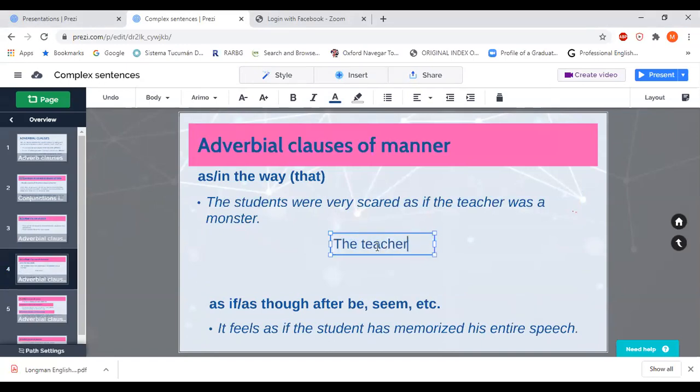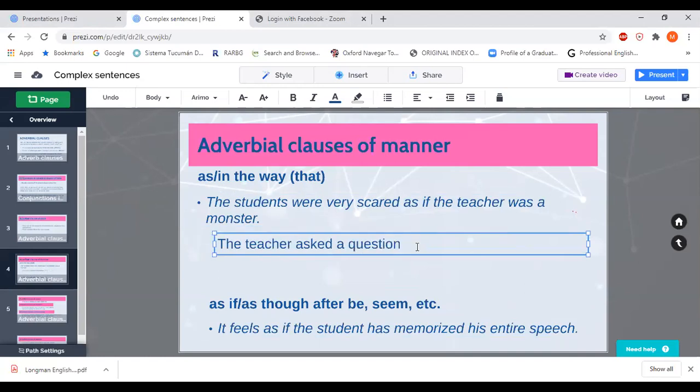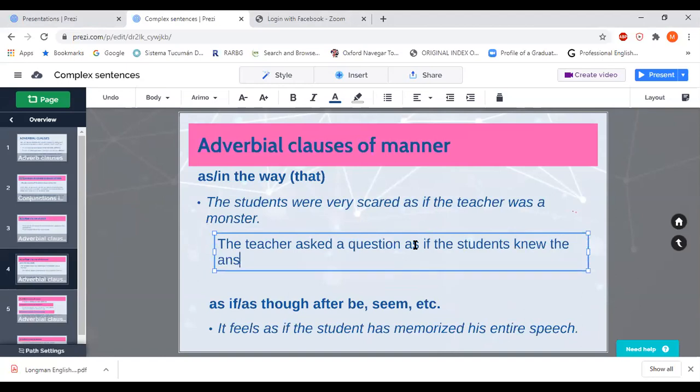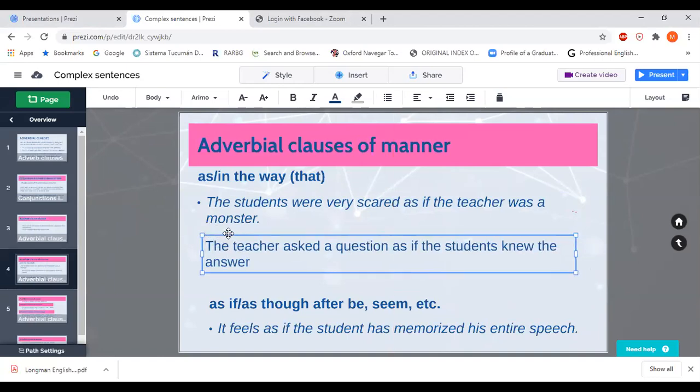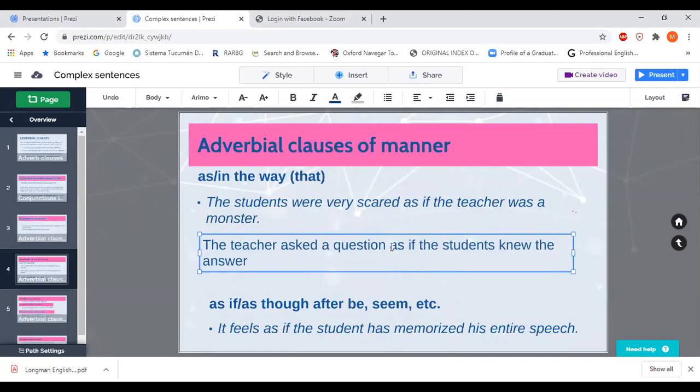The teacher asked a question as if students knew the answer. You understand? This will be the adverb clause of manner.